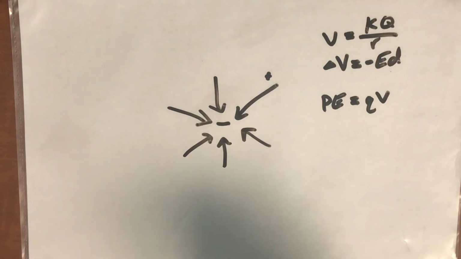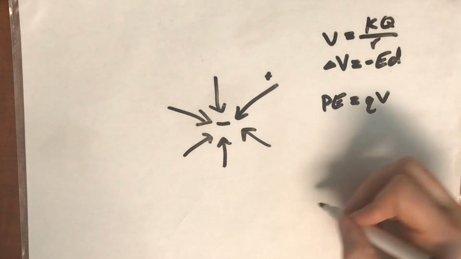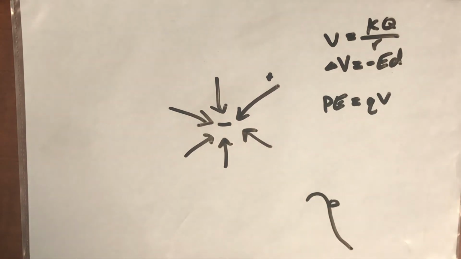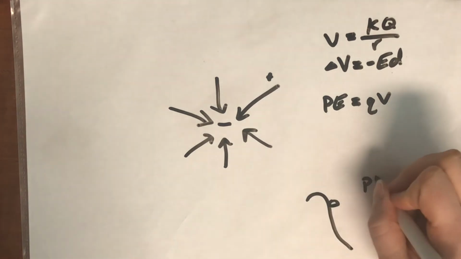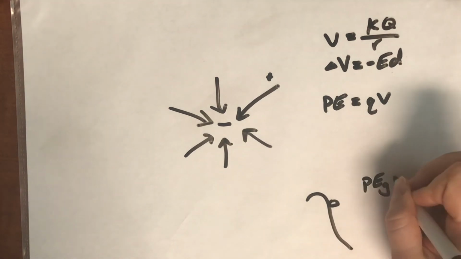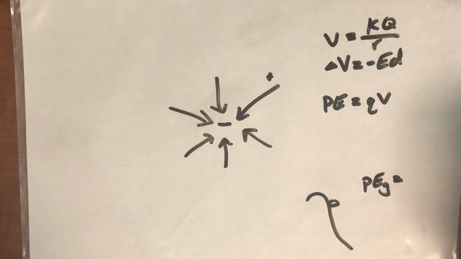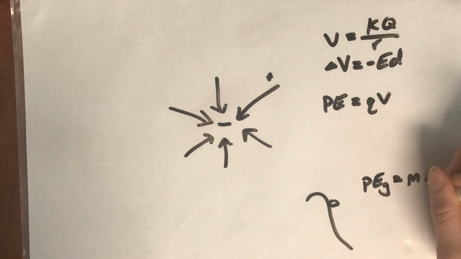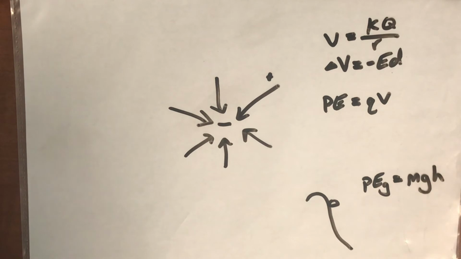To help make sense of this, let's compare it to gravitational potential energy. If you have a ball on a hill, it has a potential energy due to gravity that is equal to the mass times gravity times the height. And this g represents the acceleration due to gravity, which on Earth is 9.8 meters per second squared.